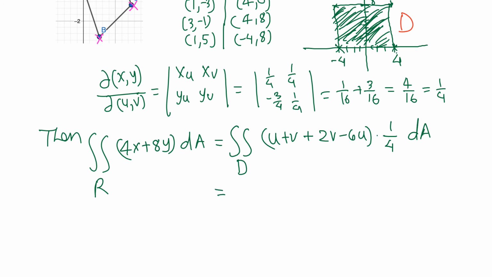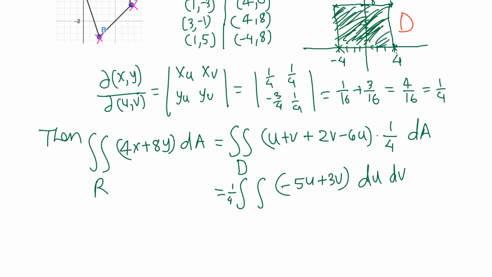So this is nice enough. This is in fact a rectangle, so we don't have to worry about making it type 1 or type 2. Let's simplify: u minus 6u, negative 5u plus 3v. This 1/4 we can pull all the way outside. dA we can now write as du dv or dv du, same thing.